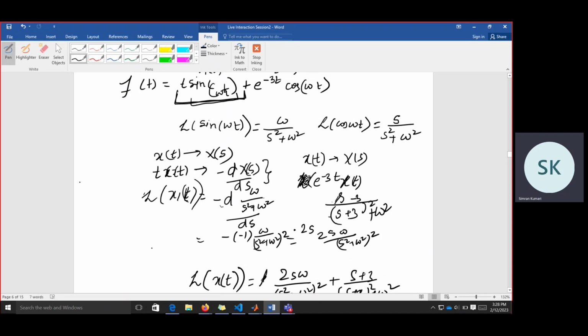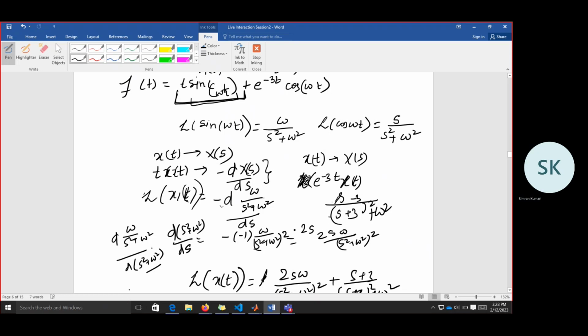Now, suppose you apply the chain rule, okay? So d of omega by s square plus omega square, differentiate with respect to this, and then d of s square plus omega square by ds. So it's like, consider this as u. So what will be this? Omega u to the power minus 1, so minus omega by u square. Is it clear?